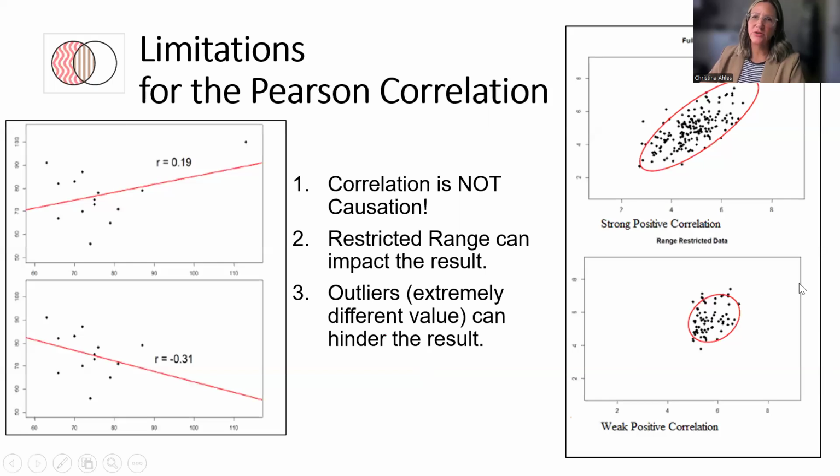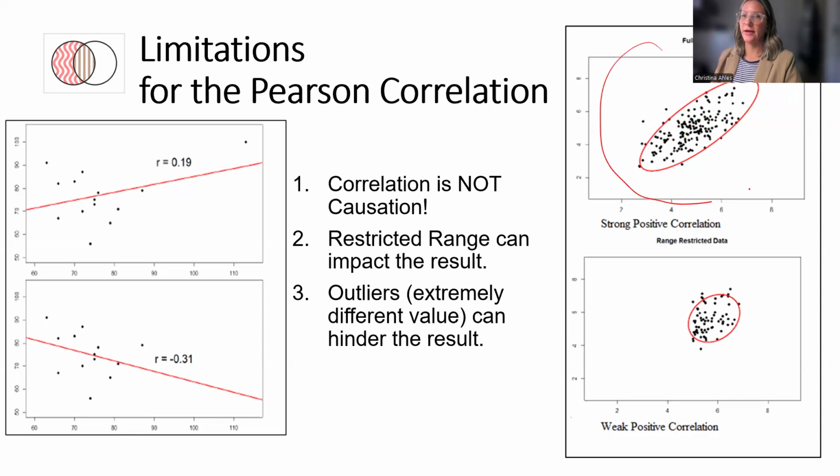If we have a restricted range of data, it's going to change the results. So if you look up here, full data, the range for this data is widespread. So you have scores from 3 all the way to 8. You can see this is a pretty strong positive correlation.